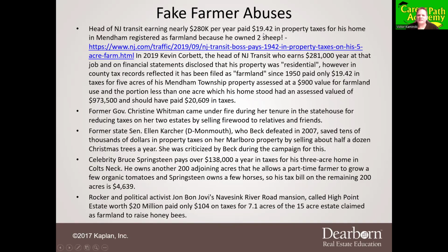He only paid $19.42 for property taxes on his home in Mendham because he said that he has 2 sheep. Anybody here actually believe the head of New Jersey Transit's a farmer? No. And he needs that 98% property tax break on his property because he has 2 sheep? Come on. What do you think? He's shearing the sheep and selling all that wool?